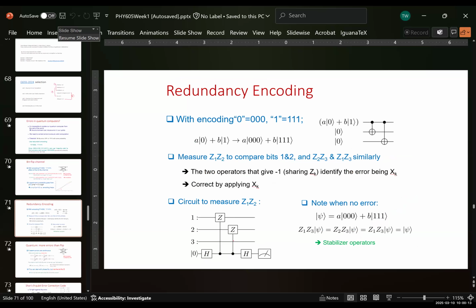Okay, so this is a stabilizer code. So the stabilizer operators are Z1 Z2, oh, it's already here. Okay, Z1 Z2, Z2 Z3, Z3 Z1. Okay, of course, it includes identity, and they form a group.